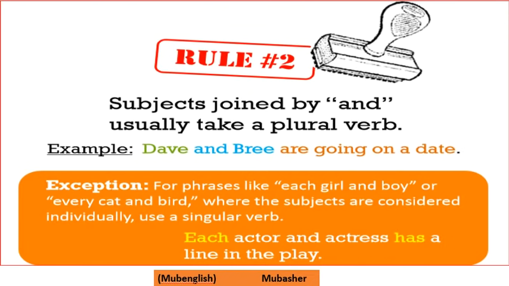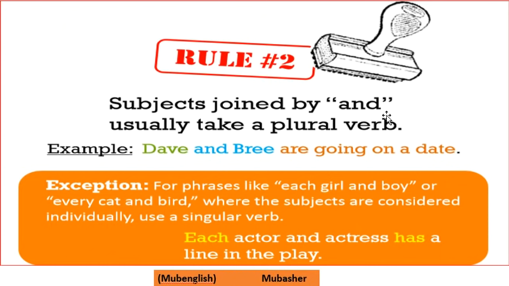Now let's have a look at rule 2. When subjects are joined by the word and, the conjunction and is equal to, we can say, the plus sign in mathematics. 1 plus 1 is equal to 2, meaning one individual, one singular, plus one individual is equal to plural.